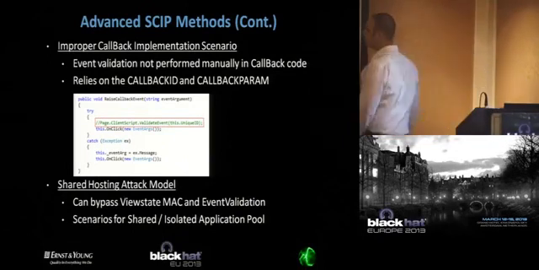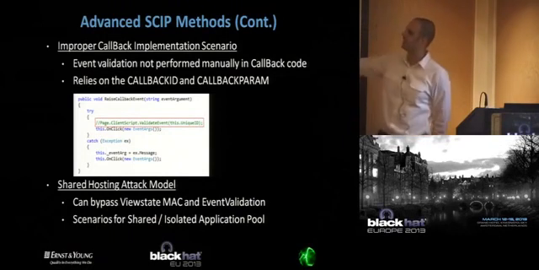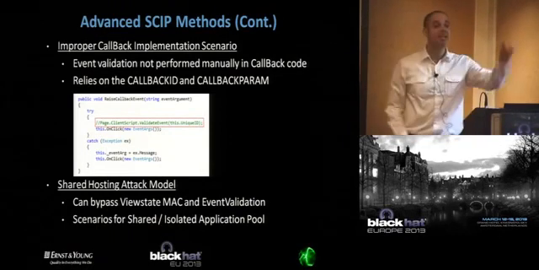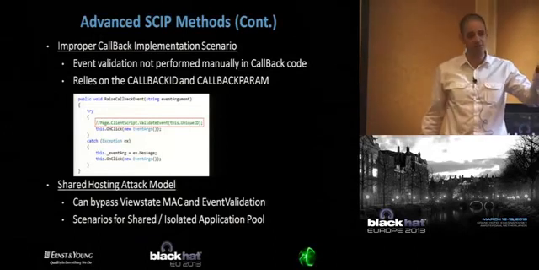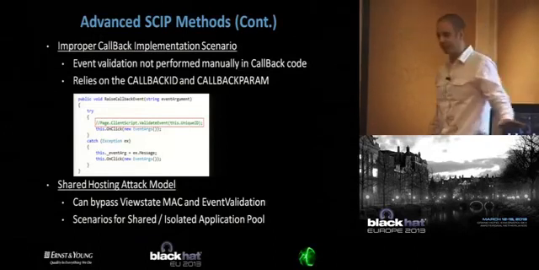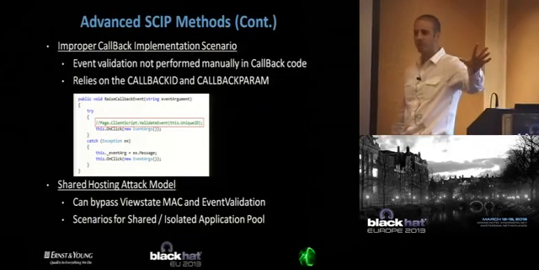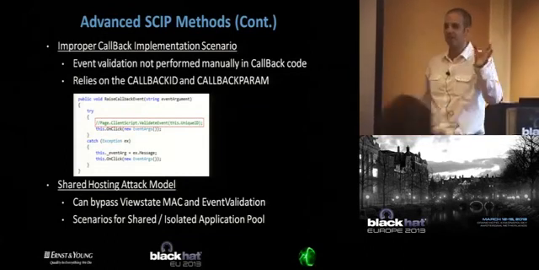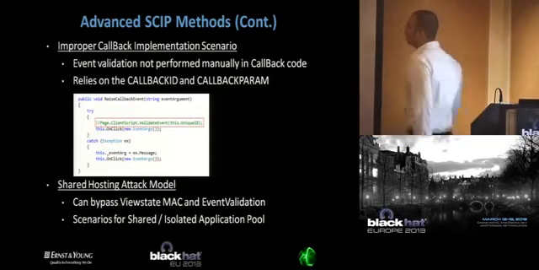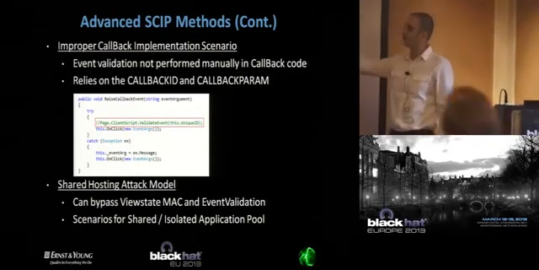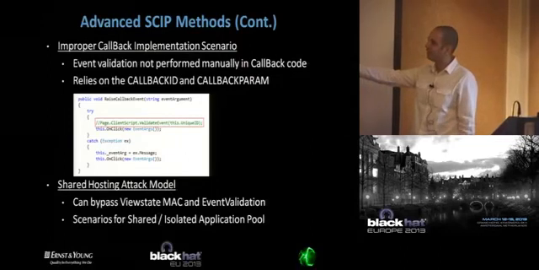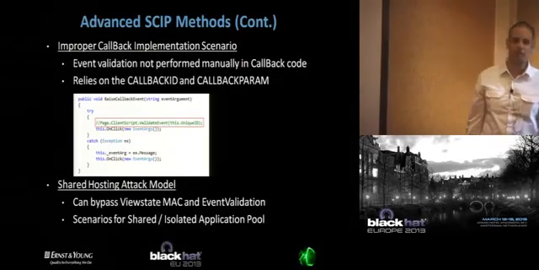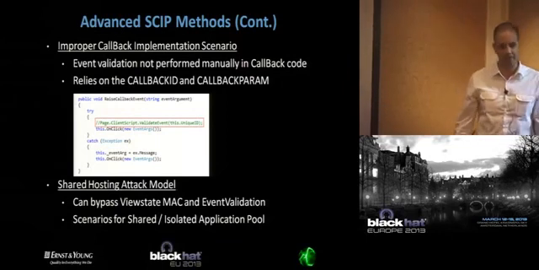However, in the case of callbacks, the developer is actually implementing the entire callback event on the server side, including the event validation. So if for whatever reason he wanted to make list boxes or combo boxes dynamic, he had some exception and thought the event validation feature was the one causing them. If the developer either comments out or deletes the code-level validation, the attack will work regardless of any configuration in that page.